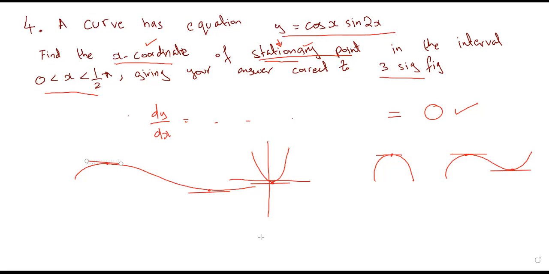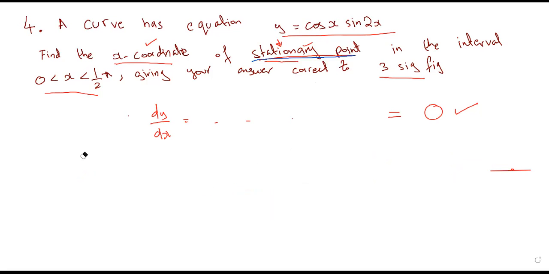So a horizontal line implies the derivative is zero. So whenever you have been asked to find the stationary point, the derivative would be 0. Have you understood this? Yes. Okay.